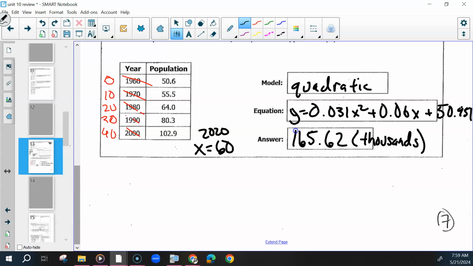Remember, if it wasn't in thousands, that couldn't be a decimal, but because this is 165.62 thousands of people, that's okay. The decimal's okay. Did we want to see this in the calculator?